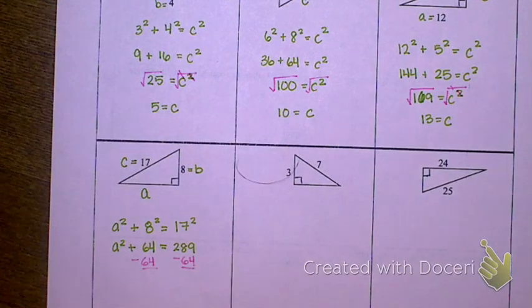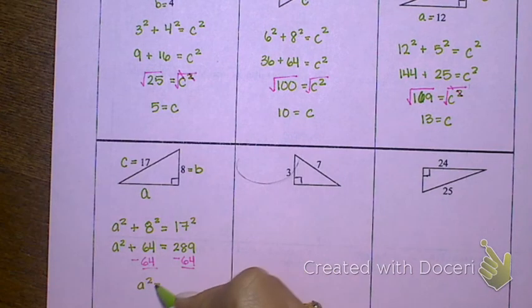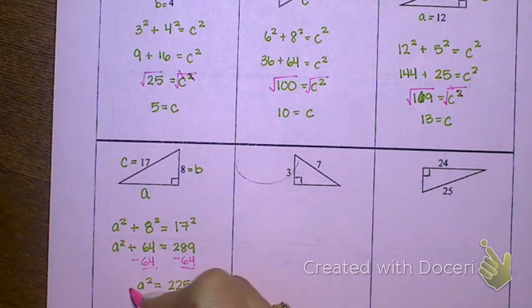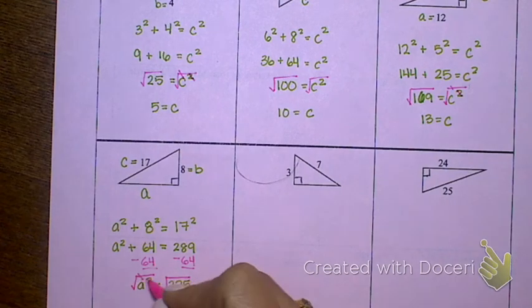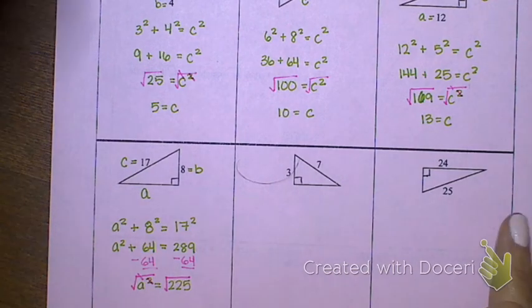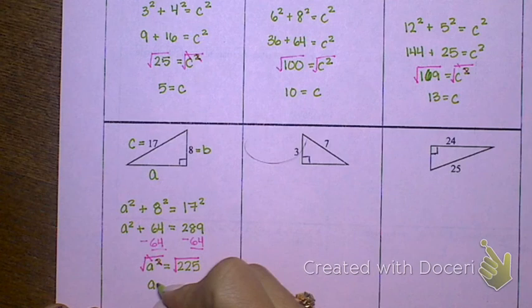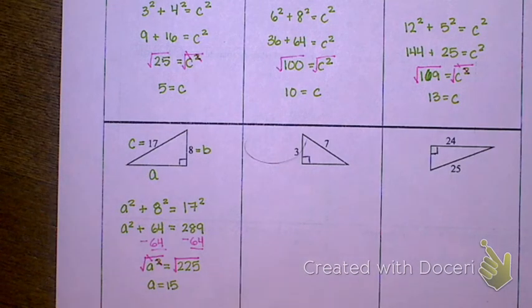Okay, so what do you guys get when you subtract that? 225. Okay. And now can we take the square root of both sides? Now that A squared is by itself, we're going to take the square root. So if you don't know this one in your head, use your calculator. Okay, what do you guys get for that? 15. Okay, so we get A equals 15. So there's our answer.